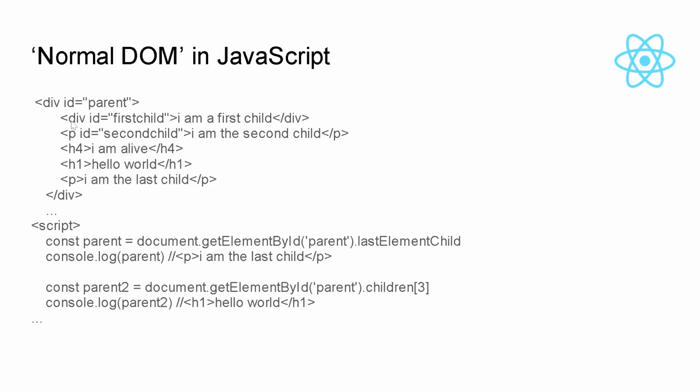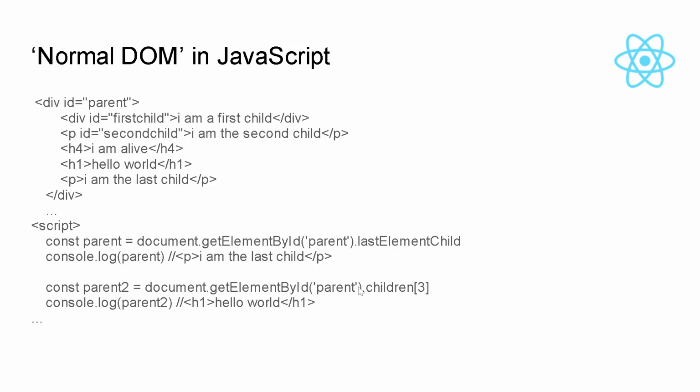Here we have a div whose ID is first child. Well, who's my parent? Well, div ID is parent. In the document object model, I can get access to the children. Actually, I'm getting access to the fourth child, because remember, child 0 is the first child. Child 3 would probably be this H1 element.